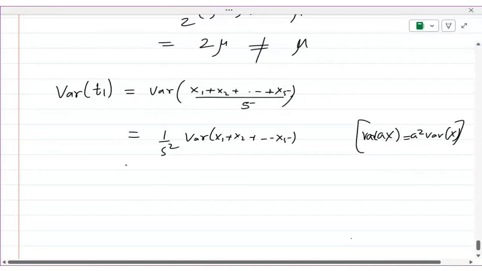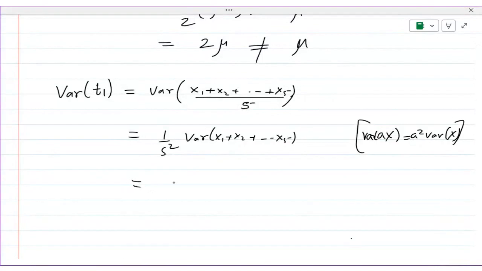So now we are finding the variance so that we can tell which one is the best estimator among these. So the variance of this, now I will apply the 1 upon 25. So variance of x1 plus variance of x2 plus up to variance of x5. Because all these are from the normal population, all will have the same variance, sigma square, sigma square, sigma square. So 5 times I will have sigma square.